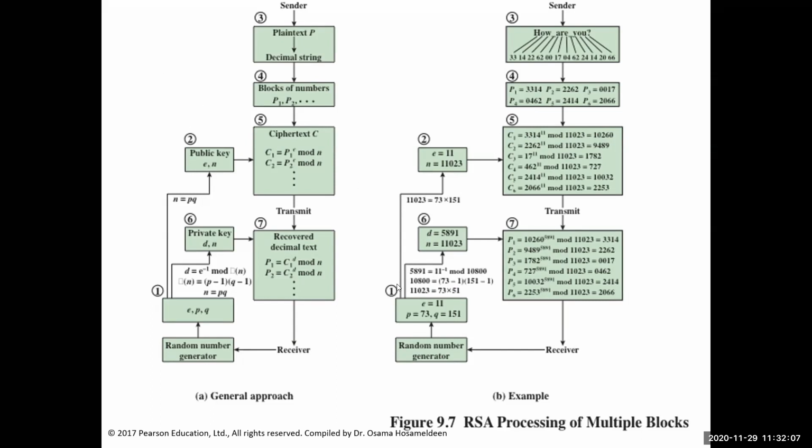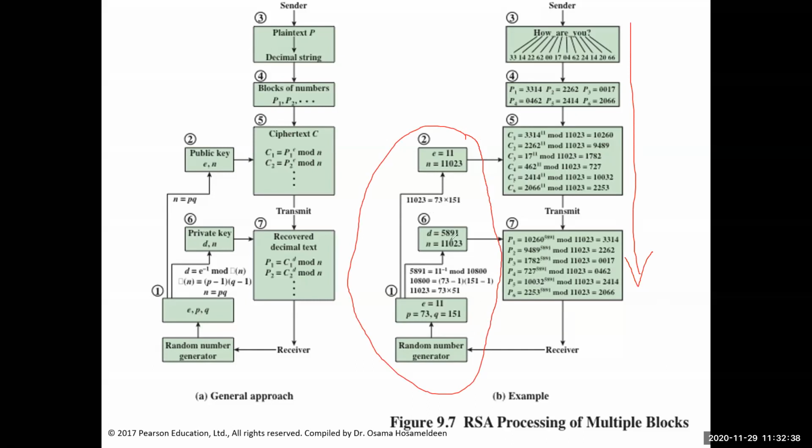And maybe the complicated thing is not the encryption and decryption. This is the creation of the public and private key pairs. This is the most difficult part. This is just straightforward. You have the public key and private key. You can apply the public and private key pairs immediately.